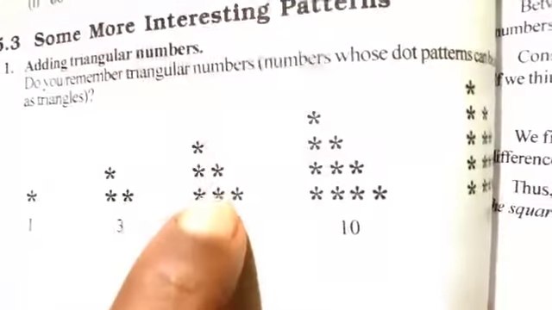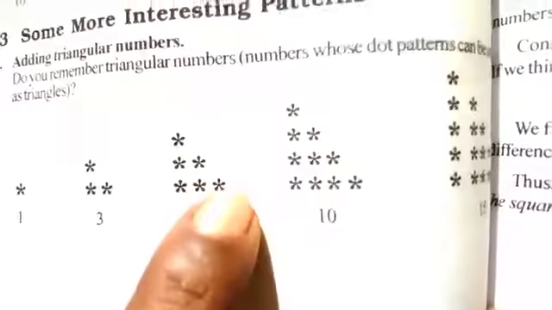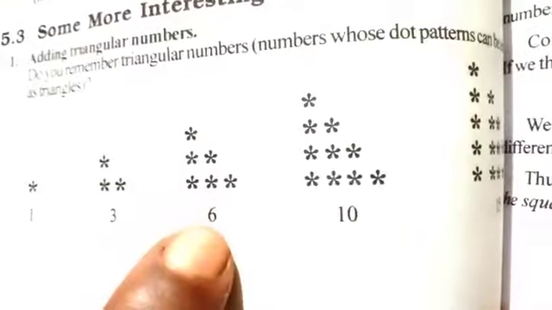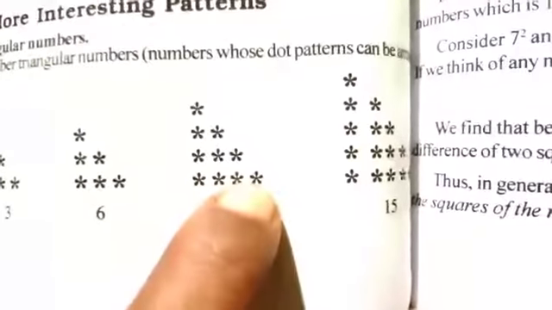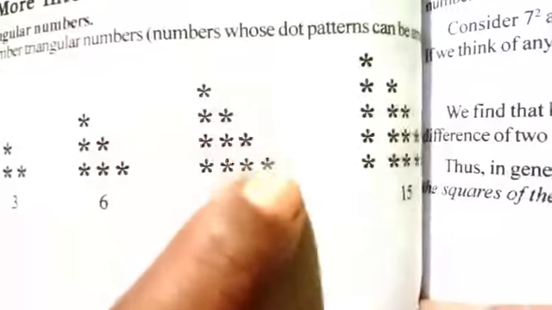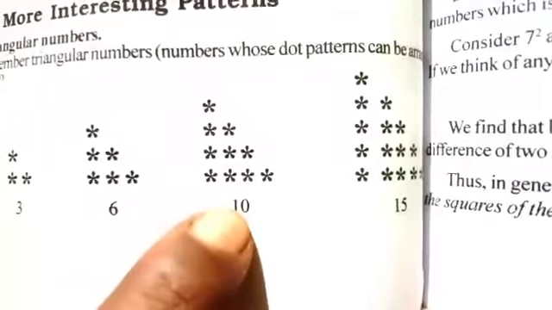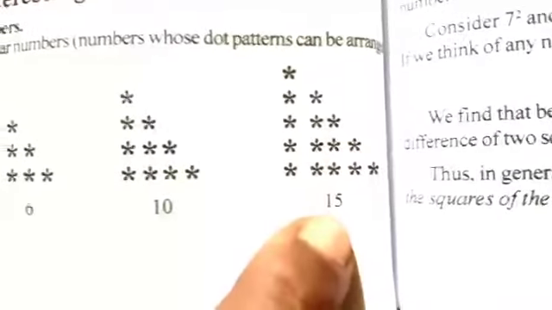Again third line we should write one more 3 points, means totally we have 6 flowers. Next line 4 flowers we should draw, like this 4 flowers. Now totally how many flowers are there? This is 10. Next line we should write 5. So like that if you write all, totally we have 15 flowers in this.